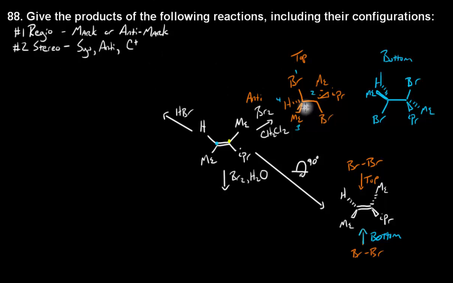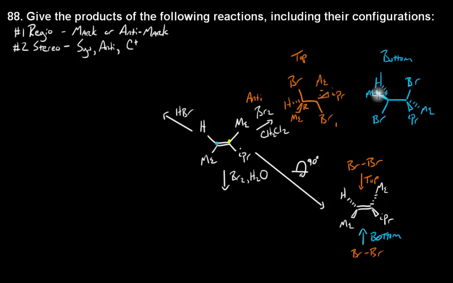Okay, so let's say that this is R. And from that we can think about priorities on the other carbon. So here, let's go ahead and erase these numberings just to make it clearer. We have the bromine still as priority 1.